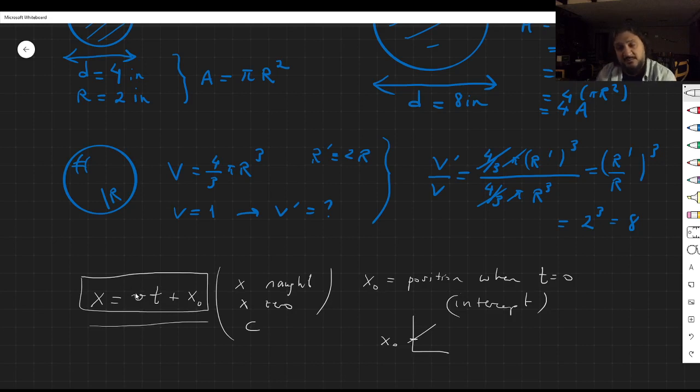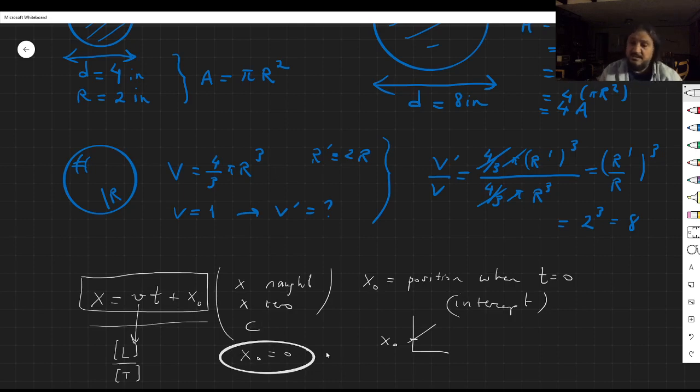Then you have to multiply with a variable that does have a dimension. In this case, its dimension is L over T. I'm talking about V here. And in the most general case, it's not just V times t, but you add something here, this intercept. That's the most general case, although there are special cases where x naught can be 0, right? C can be 0. Special case, but in general, it's a non-zero number.